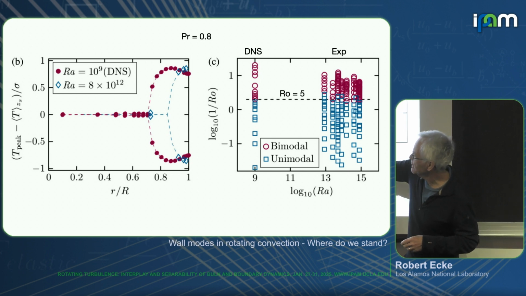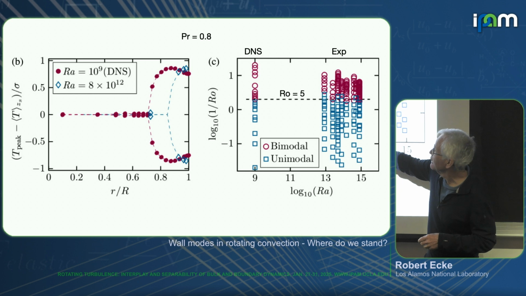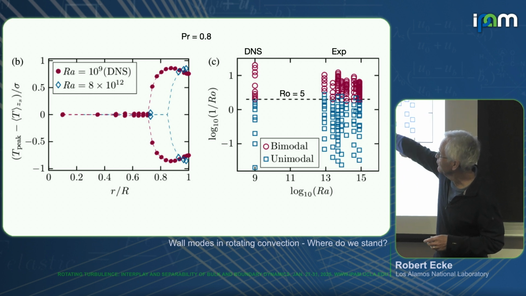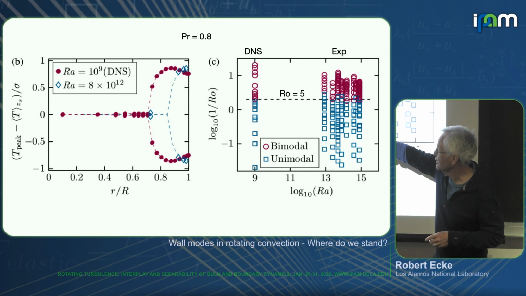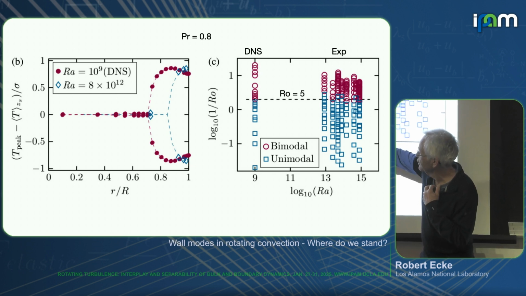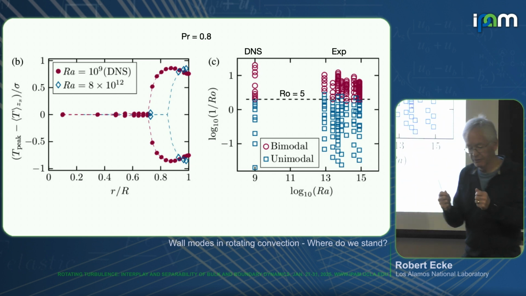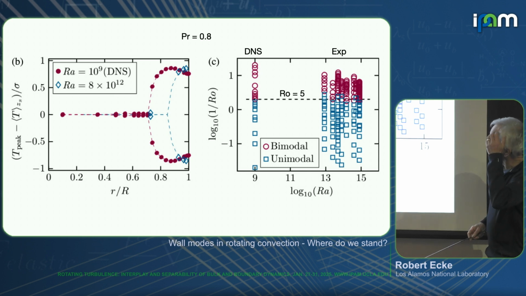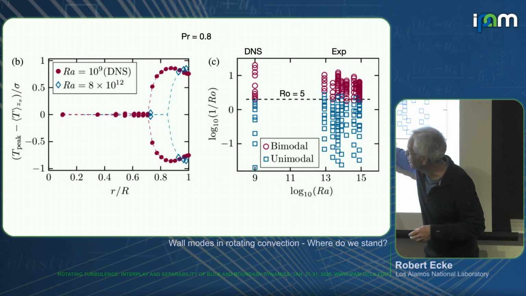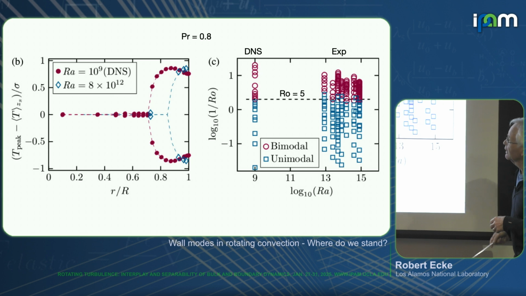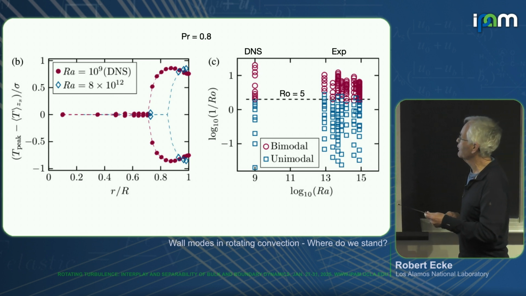You see nothing in the middle, and then you see how the bimodal distribution separates so that you get bigger differences as you go near the wall. And this is the experiments that were done in the SF6. And so the whole thing kind of works nicely.